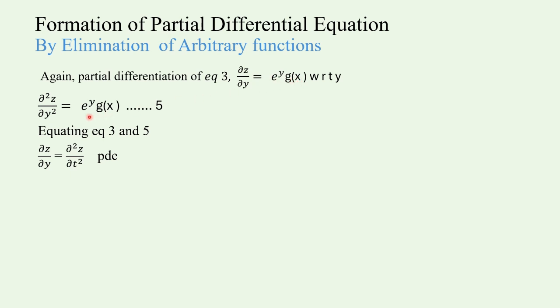So here the constant multiplication rule is used, so we get e to the power y times g of x. We'll call this equation as equation 5.